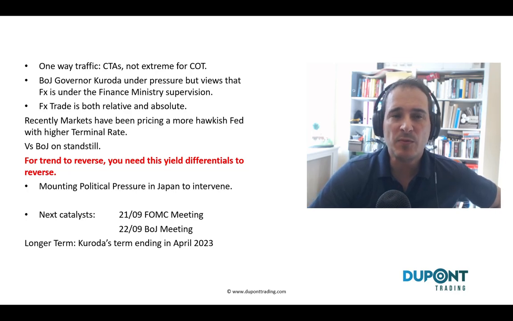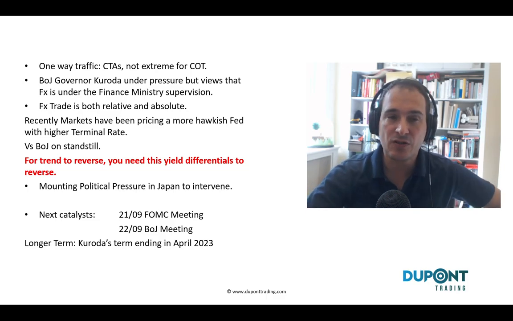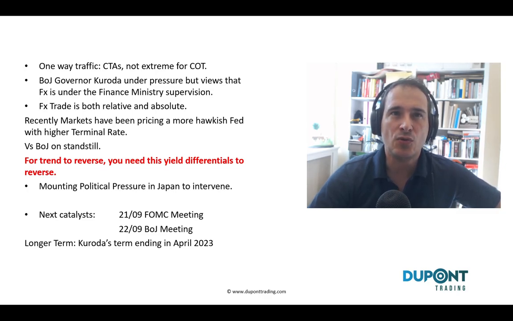If you look at the commitment of traders that comes out every Friday, there is no extreme position for the Japanese yen as a short. So far, the Bank of Japan Governor Kuroda has been under pressure, but his view has been that it's not his job to check and control the FX, and that is more the job of the finance ministry.